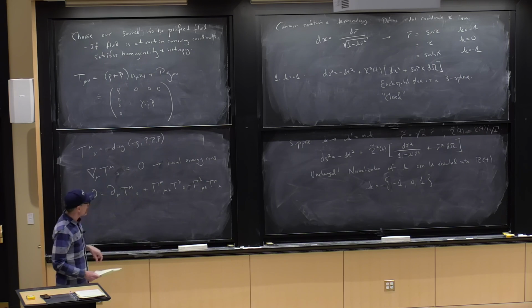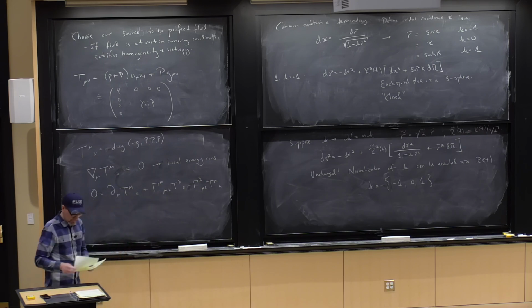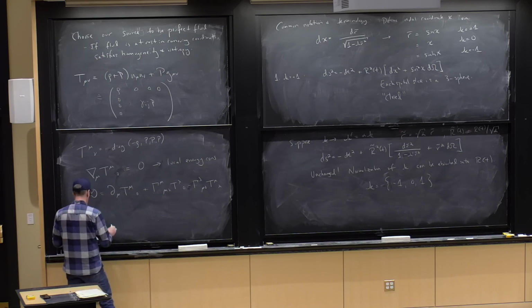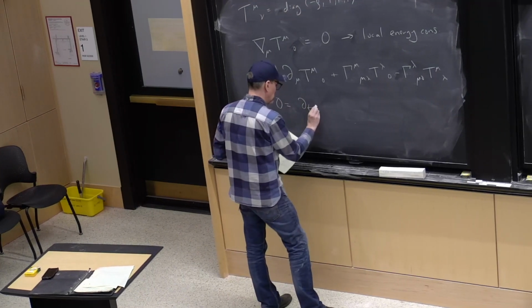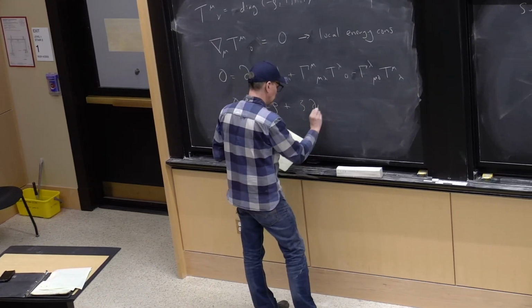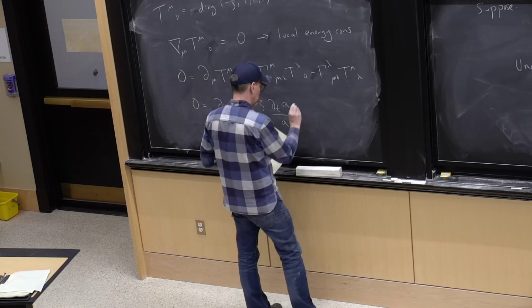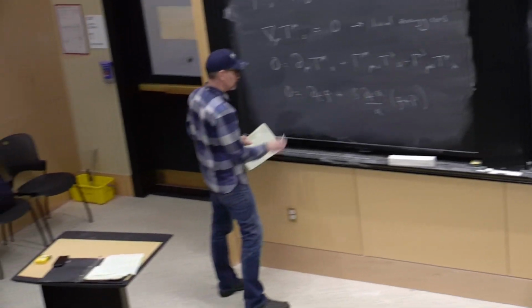So if I take that Robertson-Walker metric, plug it into here to evaluate all these, this gives me a remarkably simple form. Okay.